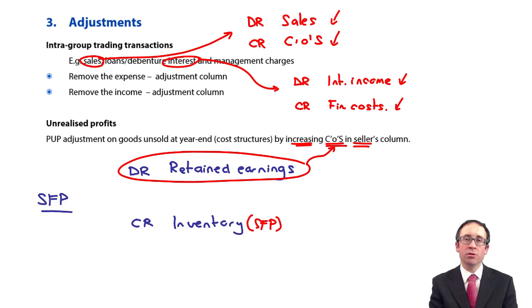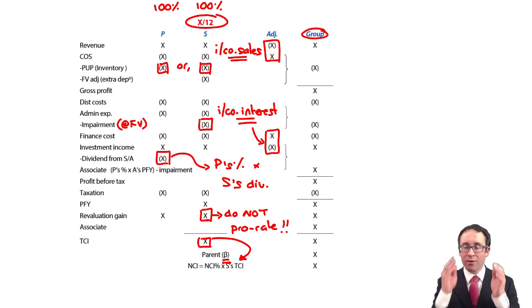And then you've also got to adjust for the dividend income that's been recorded by the parent that is received from the subsidiary. So all of a sudden, you've got that big diagram or big pro forma there, and we've gone through and explained pretty much most of the adjustments.